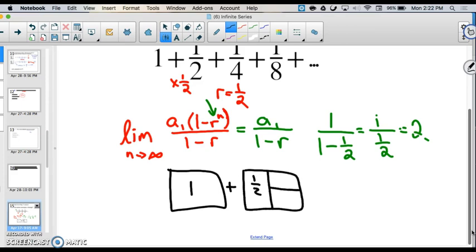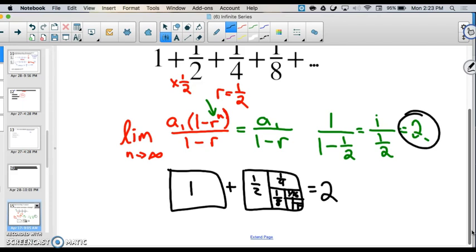Then we're adding on 1/4. Then we keep going to 1/8. And it's going to keep getting smaller and smaller, but it's never going to break out of these boxes. So in the end, we have one box plus another whole box. So that's going to give us 2 boxes, which matches up with this 2 as our answer.